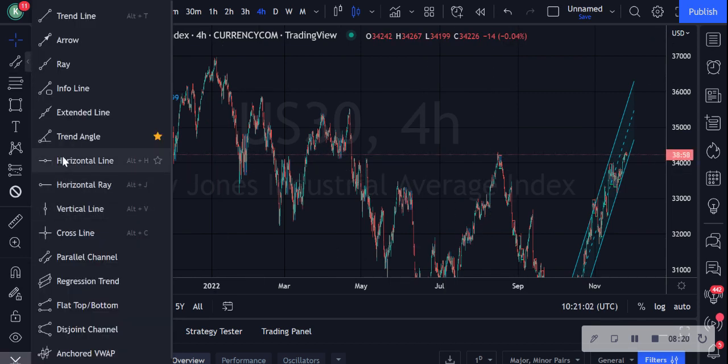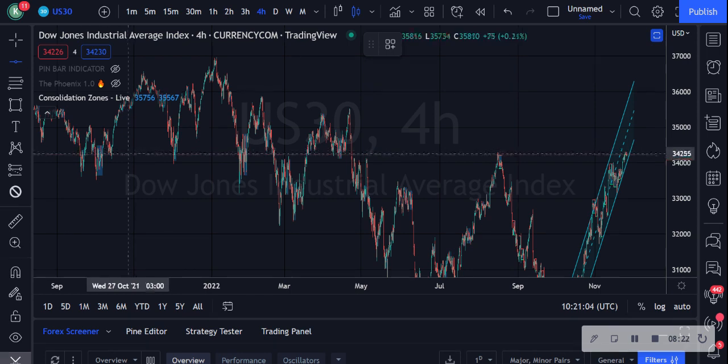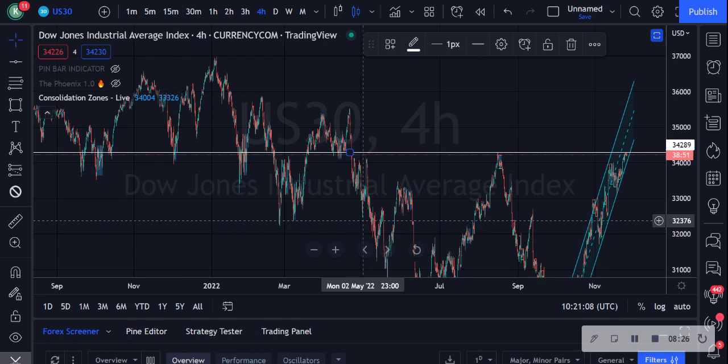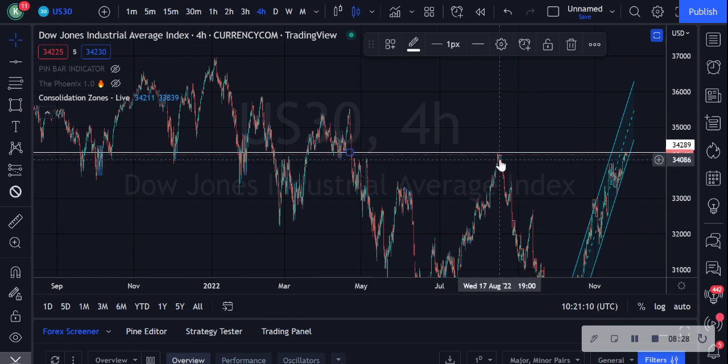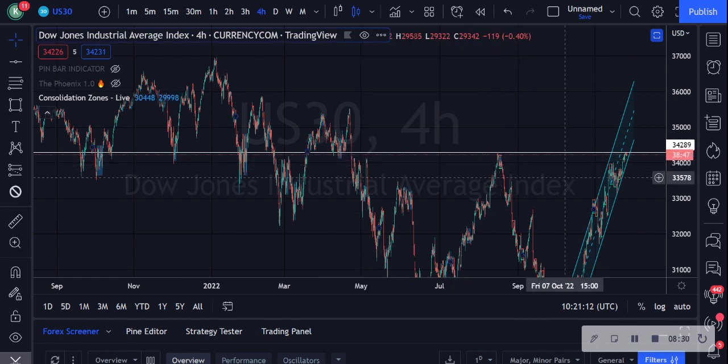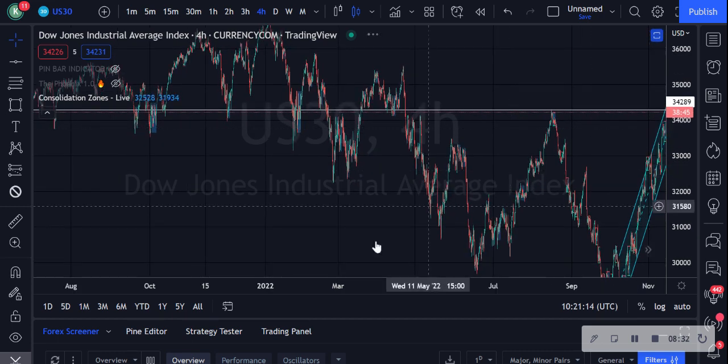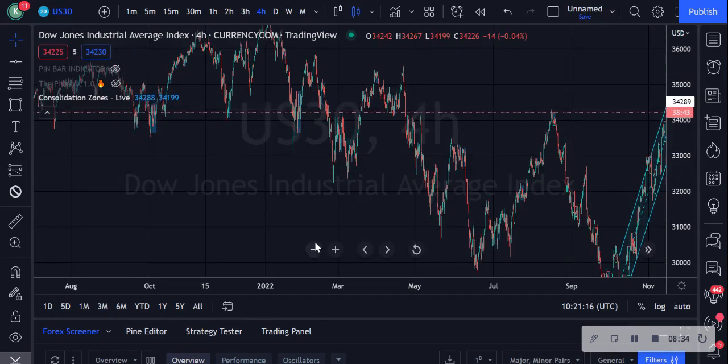All right, so horizontal line, and I would basically draw where price has touched down a few times. Okay, so this is my take on price at the moment. Here I'm going to just see if I can minimize it a bit more.